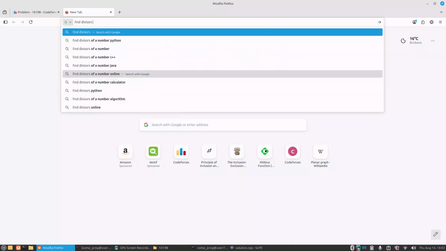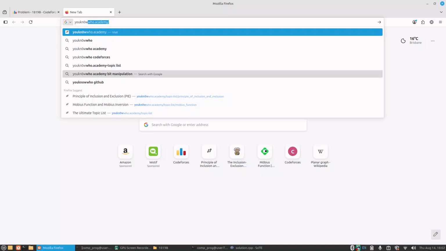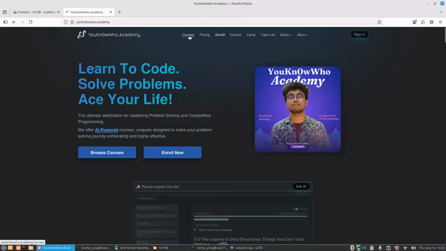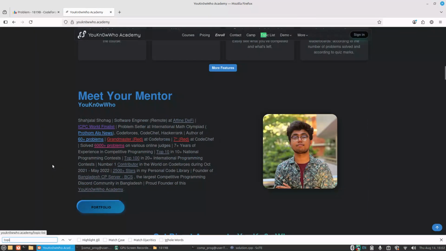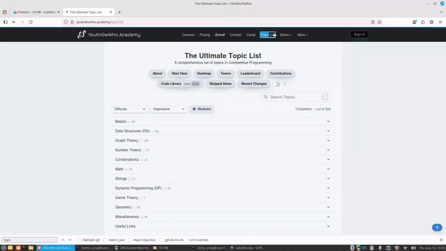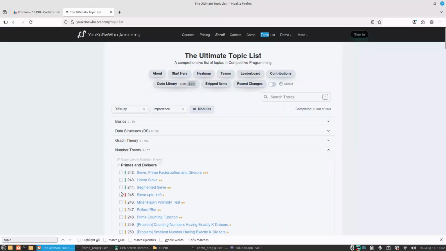So number 3, we want to find all the divisors.